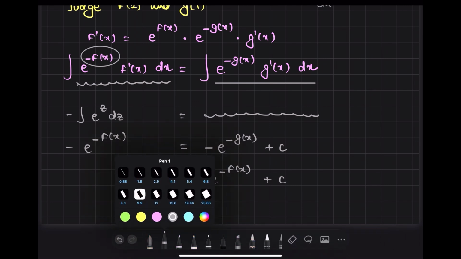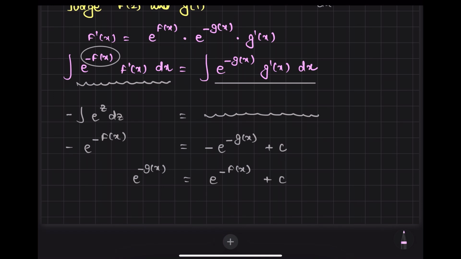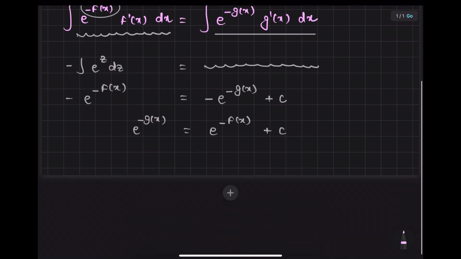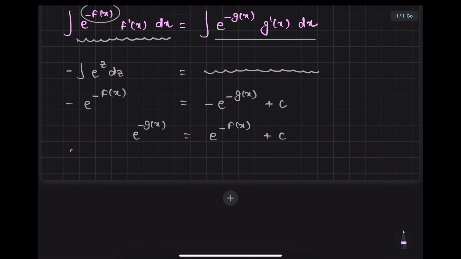Now you know that we have two functions, means we have two variables, you can treat both functions as variables and you have only one equation. But look at this, they have given you some relationship. So they have given you f of 1 and g of 2. So can I replace x with 1?